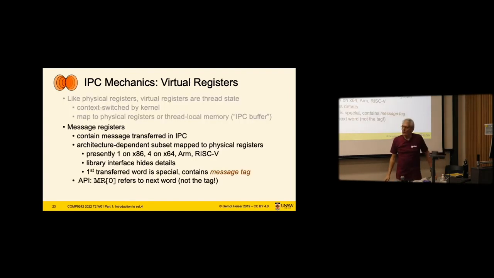And in particular, the number of these virtual registers that actually map onto physical registers then depends on the hardware. 32-bit x86 hardware just uses a single register for argument passing, whereas all the other architectures we presently support use 4. I'm sure we could do more. This used to be a fairly big deal in the past.